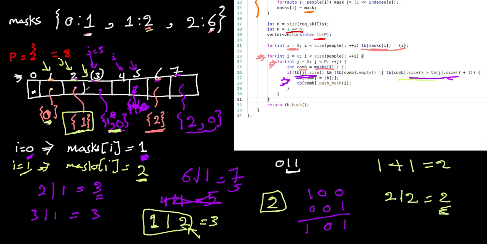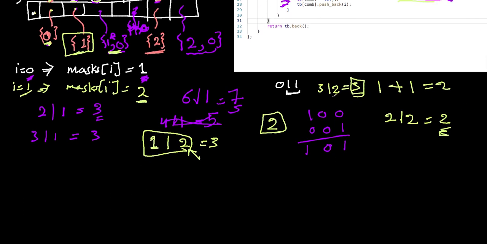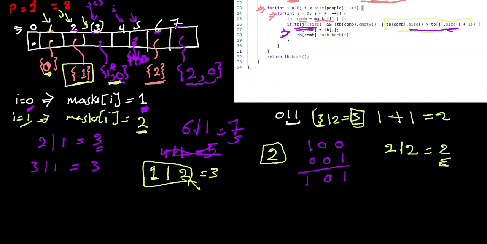Then J equal 3, 3 or 2 equal 3. So we are pointing to the same element. At the end, this condition will not apply because the size at the 3 is 2 plus the current person equal 3. 3 is greater than 2, so nothing will happen.